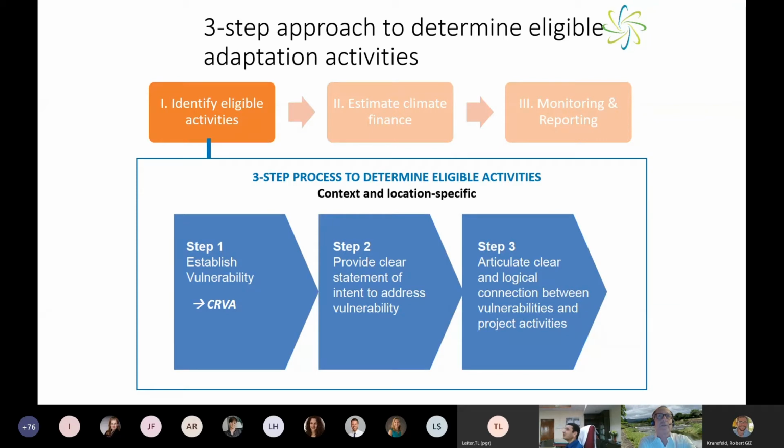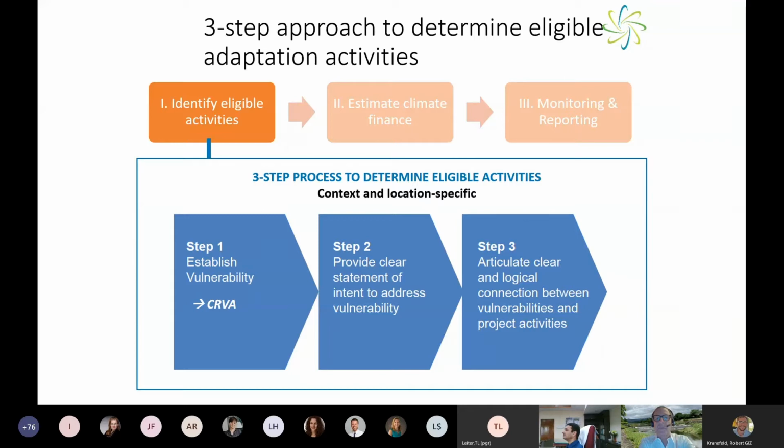And I don't think it's so much just storyline. I think it's really getting good expertise in at the beginning of a project cycle and working with the client and the project developers to really make sure that the climate impacts are fully integrated into what you're trying to achieve.